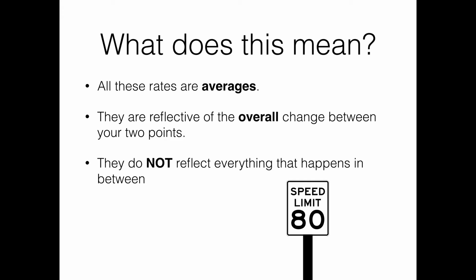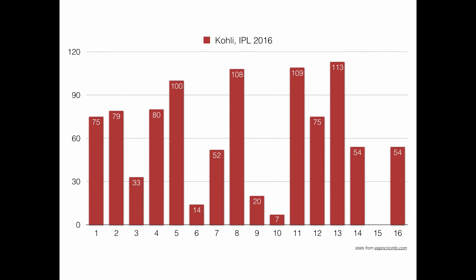Like I said, it does not reflect everything that happens. So let me show you some other data to back this up. For example, consider Virat Kohli's stats in 2016 IPL. If you just notice here, he's not scored 60 runs every innings, obviously. So there's a whole mix of numbers here. And eventually, if you take the average of all this, yes, it comes to around 60.81, and that's the answer that we got.